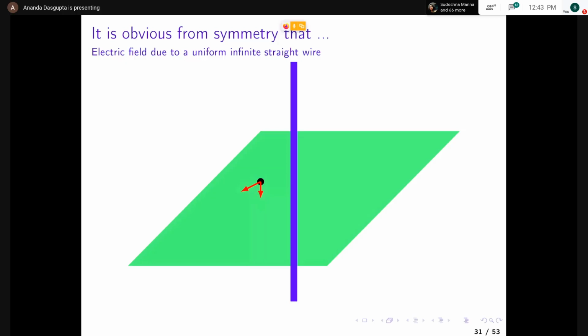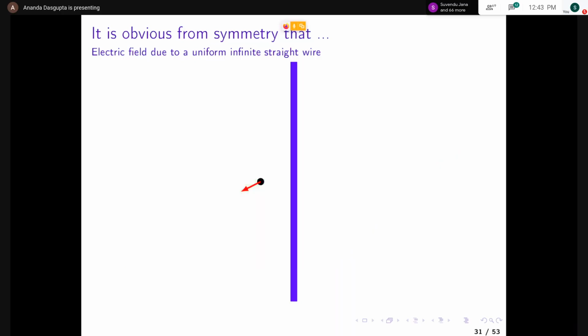So I must argue again, because I should not be able to tell whether I have reflected or not, the component in the plane, the radial component, must be the one that is non-zero, is the only one that can be non-zero. The vertical component has to be 0. So this is the symmetry based argument which says that the electric field at a point near an infinite straight current carrying wire is radially outwards.